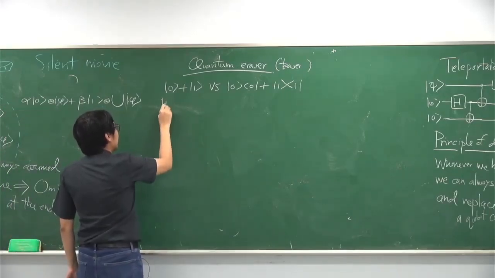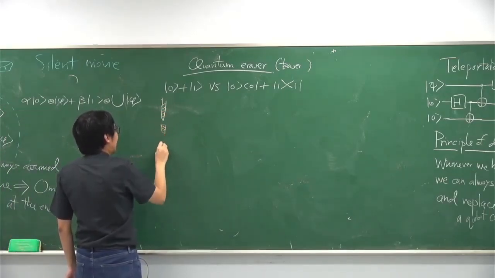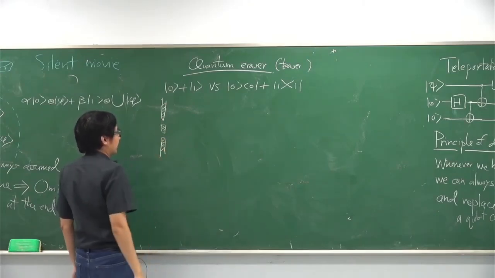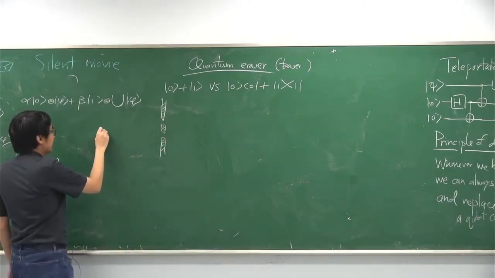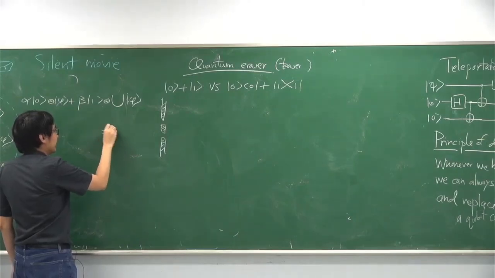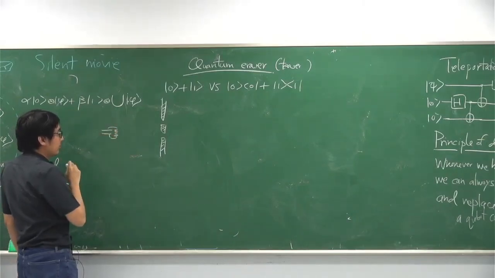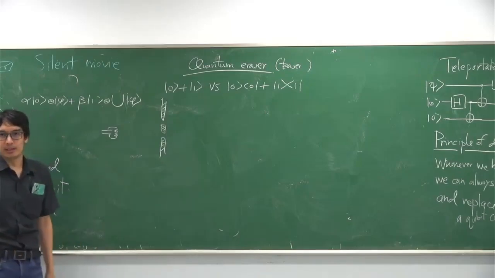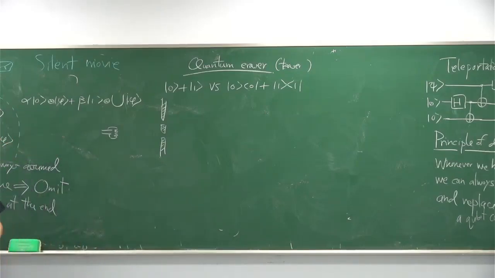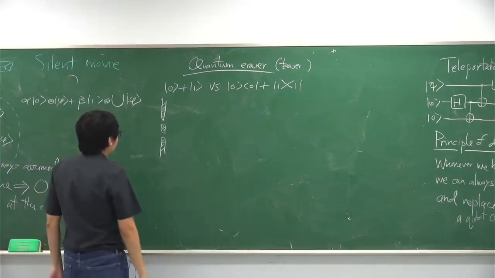For example, the classic example is the double slit experiment, where I create an electron beam here, or if you want to be really quantum, you send electrons one at a time. You don't want to think in a macroscopic abstract way.